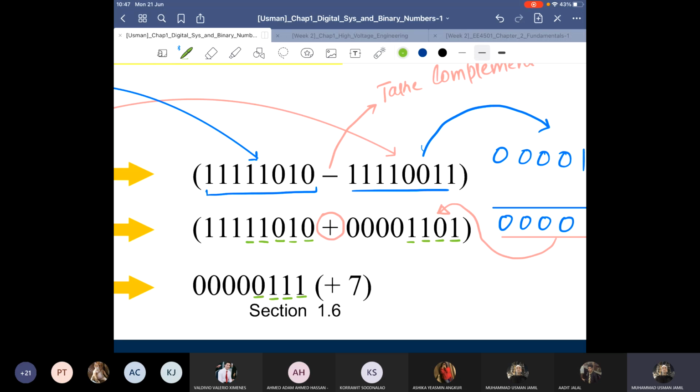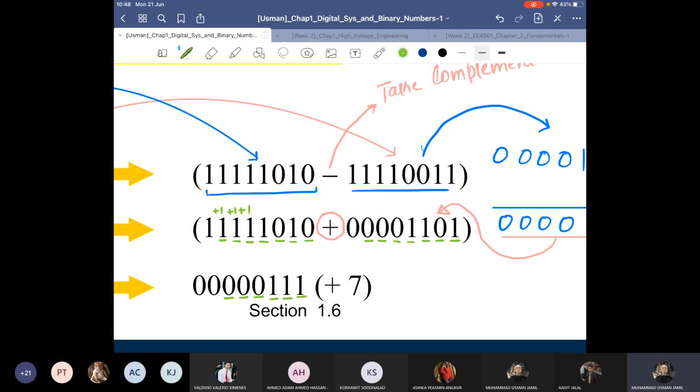Then 1 plus 1 carry is 0. Then this 1 and this 0 is 1, then again a 1 carry because of the previous carry, so it is again 0. Then this 1 and this 0, 1 plus 0 is 1.